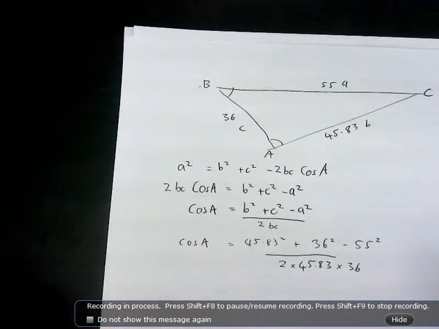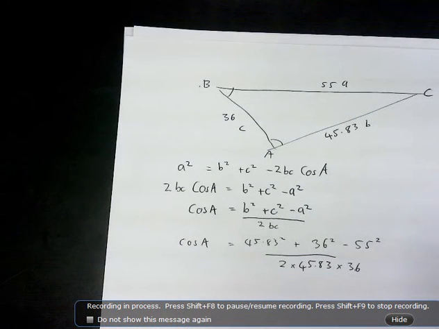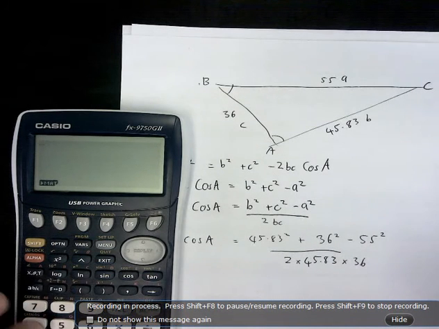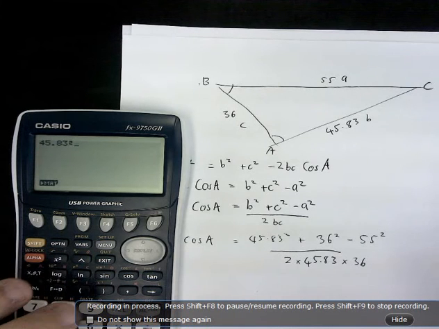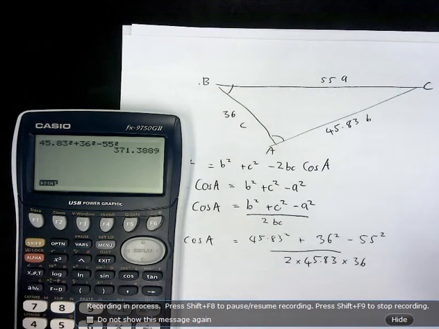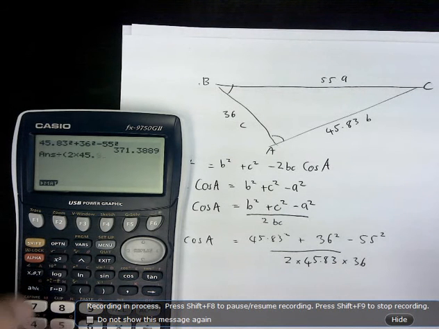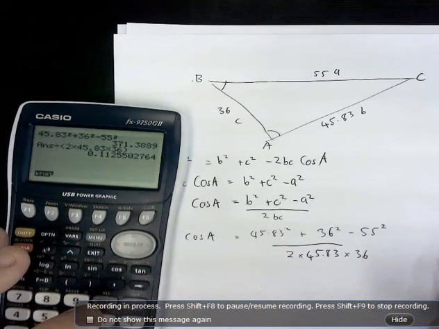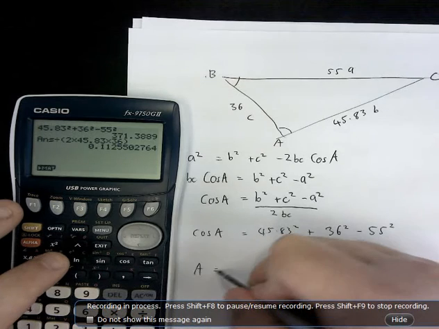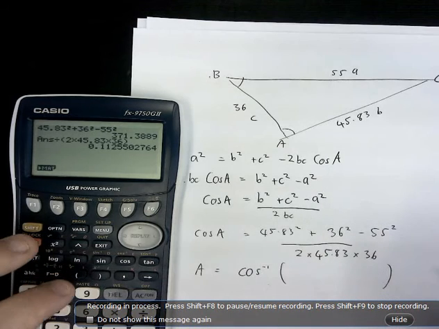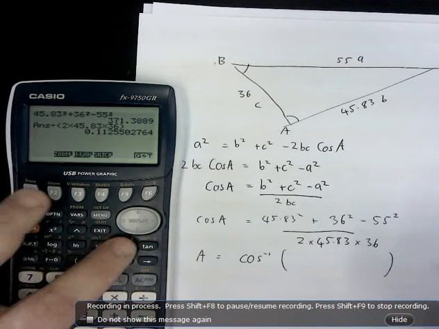In the calculator, that will give me the top row, divided by 2 times B times C. That is the cosine of A. So A will equal the inverse cosine of all of this. So I'll just bring my answer down.